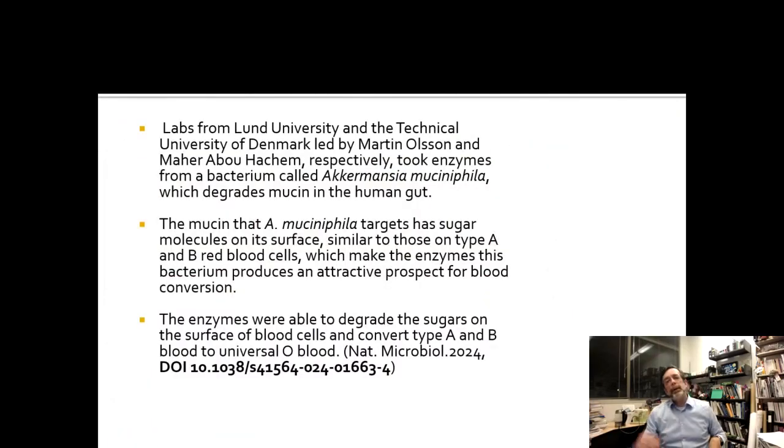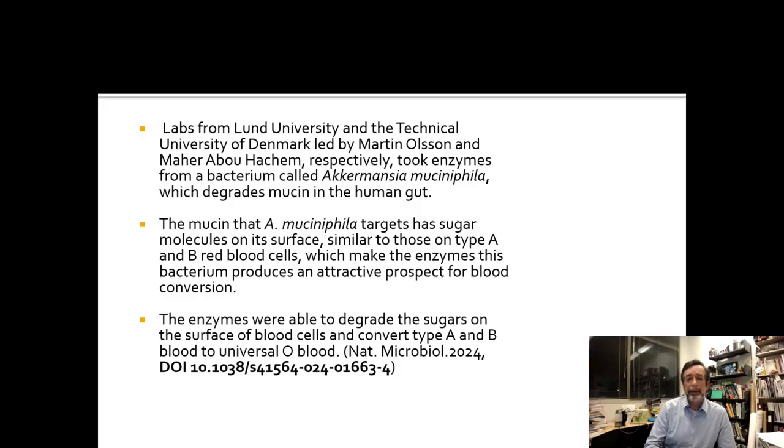Okay. So what they did to find this is they did not do protein design. What they did is sort of bioprospecting. They looked at a particular bacterium that they knew degrades mucin, which is an oligosaccharide-containing molecule. They knew that the bacterium degraded this, so they found the enzyme.